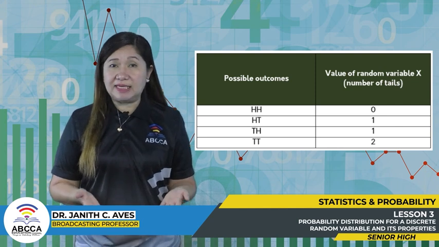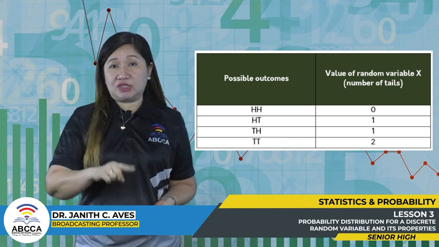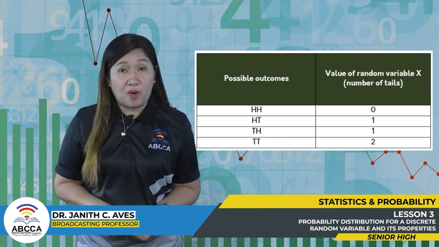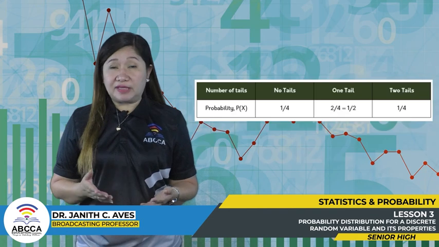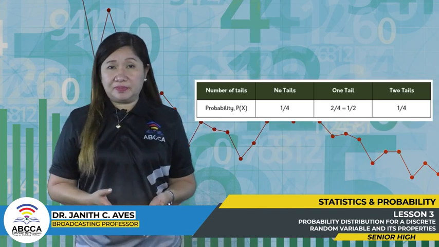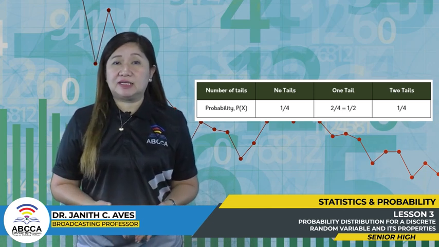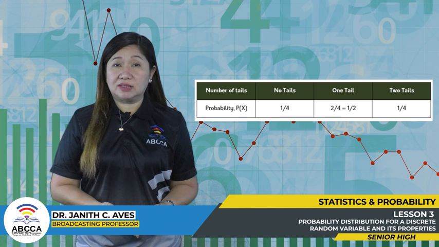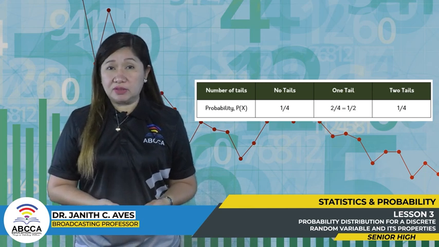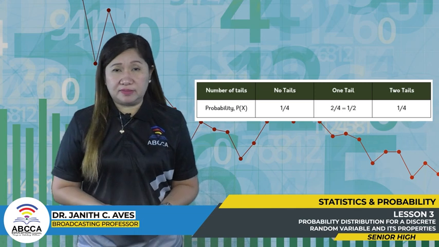Finally, for 2 tails, we have 1, which gives us a probability of 1/4. Number of tails: no tails, 1 tail, 2 tails. So the probability is 1/4, 2/4, which is equal to 1/2, and then 1/4.